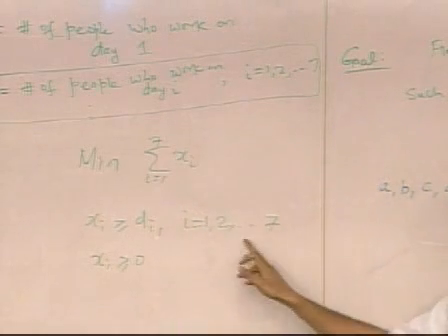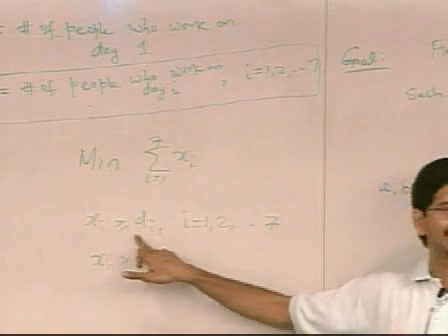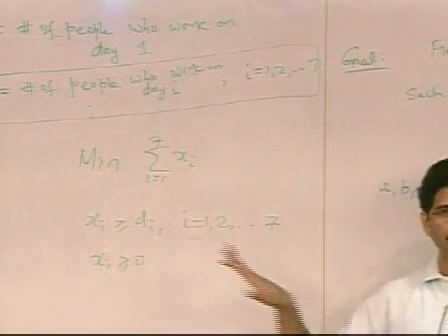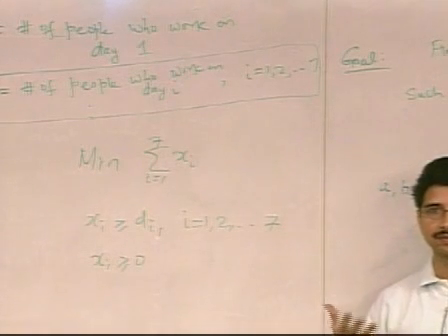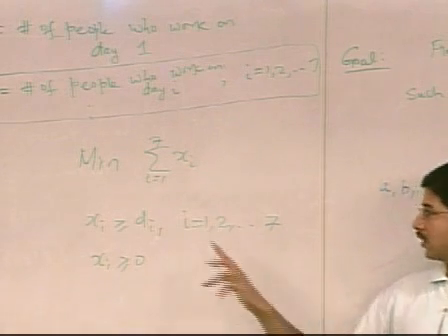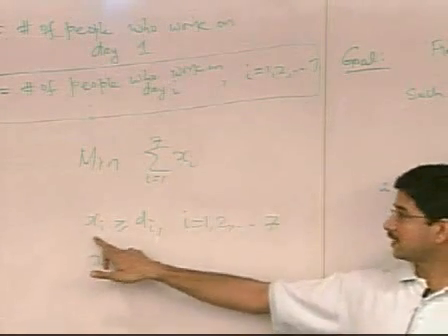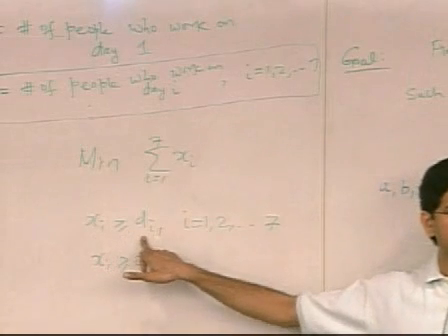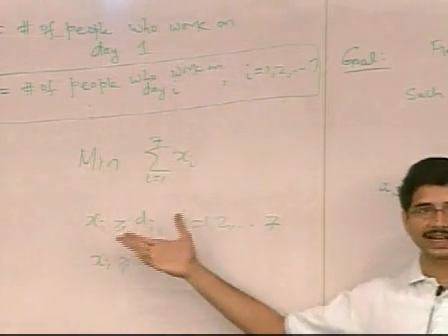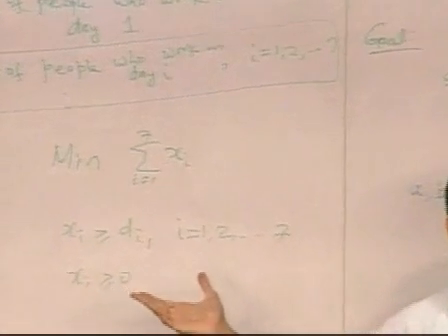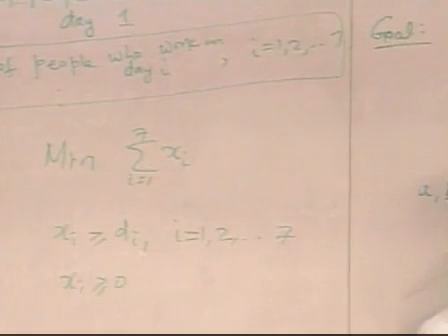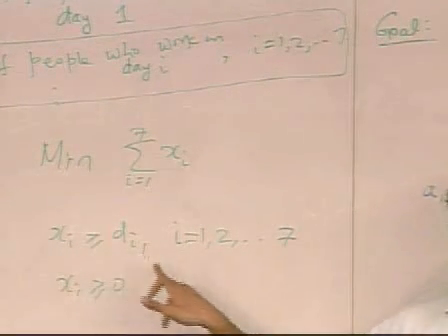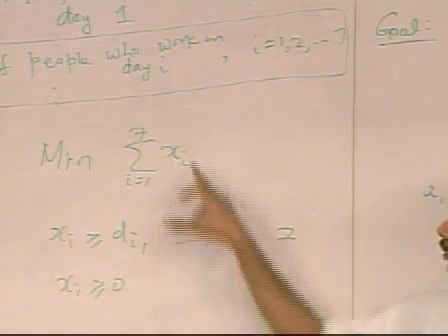Now notice that every xi has to be at least di. Why would you ever want to set xi to be beyond di? I mean, if d1 is 10, this constraint says x1 has to be at least 10. I could set x1 to be 10, okay, and that doesn't affect anything, right? These variables don't interact in any way. So setting xi equals di is an optimal solution to this linear program.